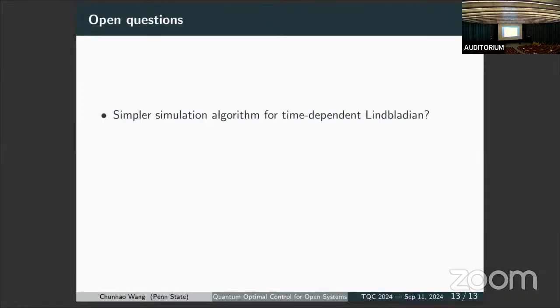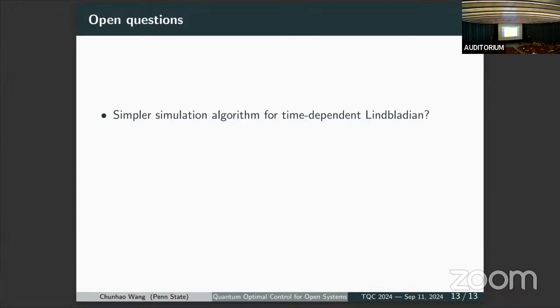And there are open questions. The first open question is, can we get a simpler algorithm for time-dependent Lindblad evolution? Recall that for the time-independent case, we have a simple algorithm where everything can be turned into a completely positive form, and we just use Gaussian quadrature to approximate the integral. For this time-dependent case, we don't know how to apply Gaussian quadrature.